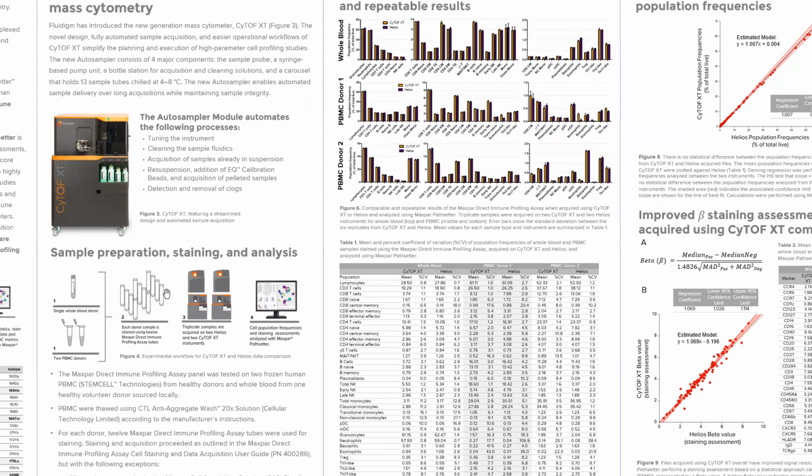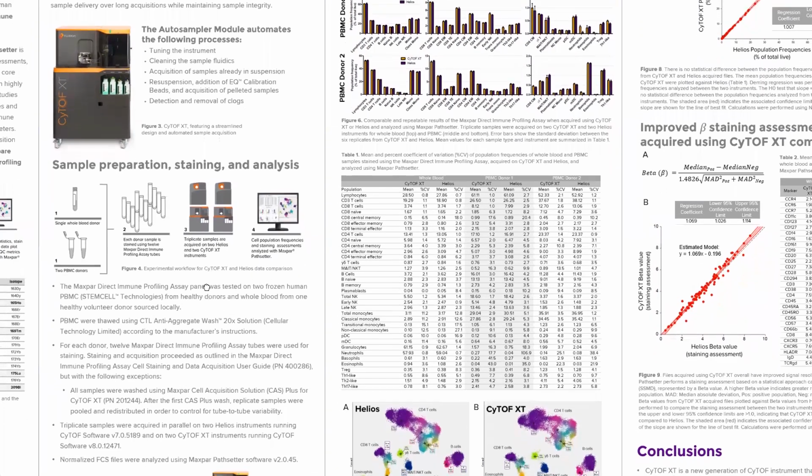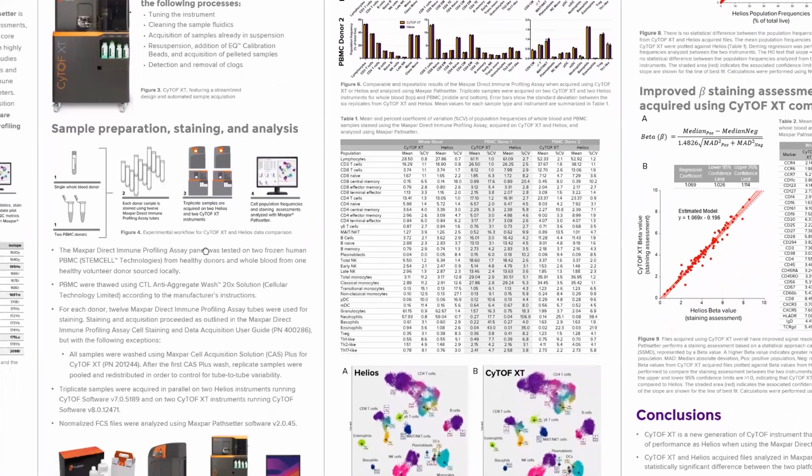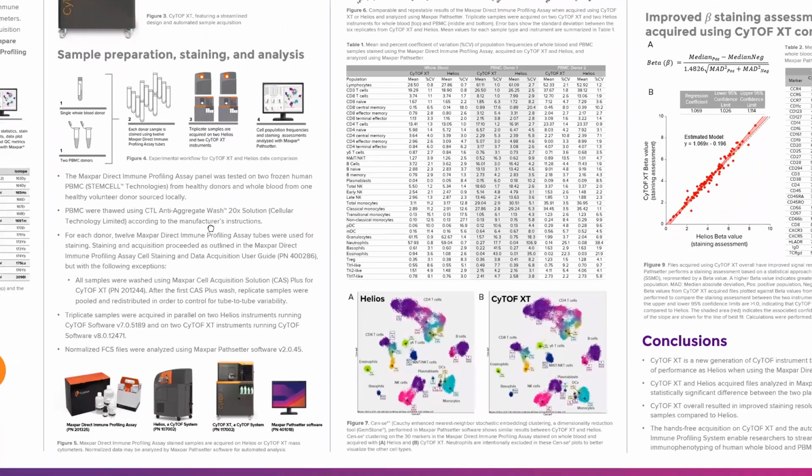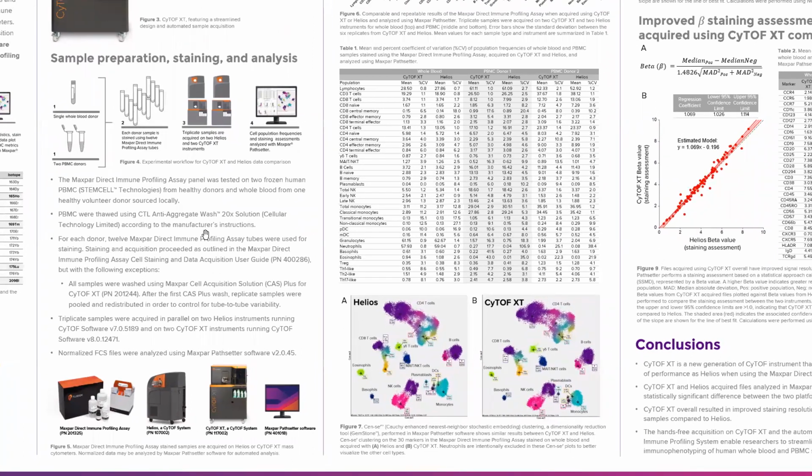The PBMCs were thawed using the CTL Anti-Aggregate Wash 20x solution from Cellular Technology. We did this according to the manufacturer's instructions. For each donor, 12 MaxPar Direct Immune Profiling Assay tubes were used for staining. Staining and acquisition proceeded as outlined in our MDIPA user guide, with the following exception.